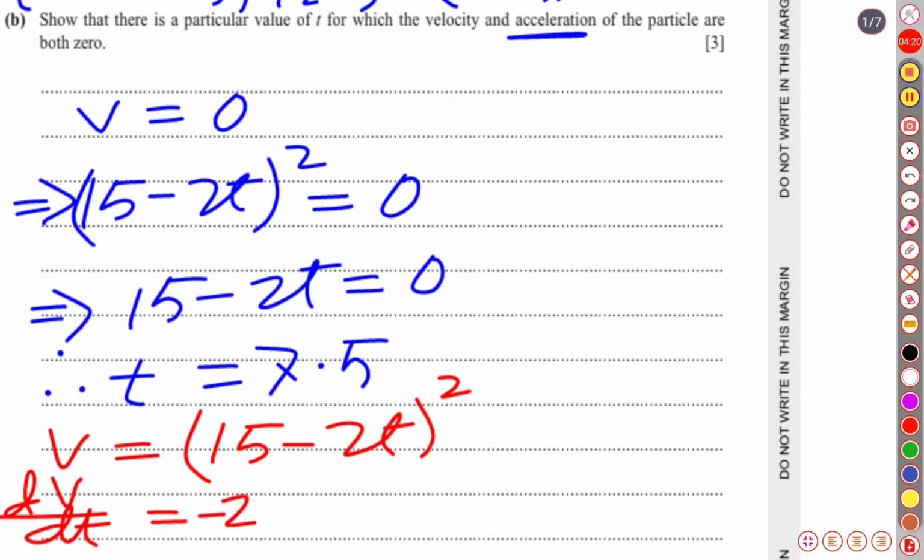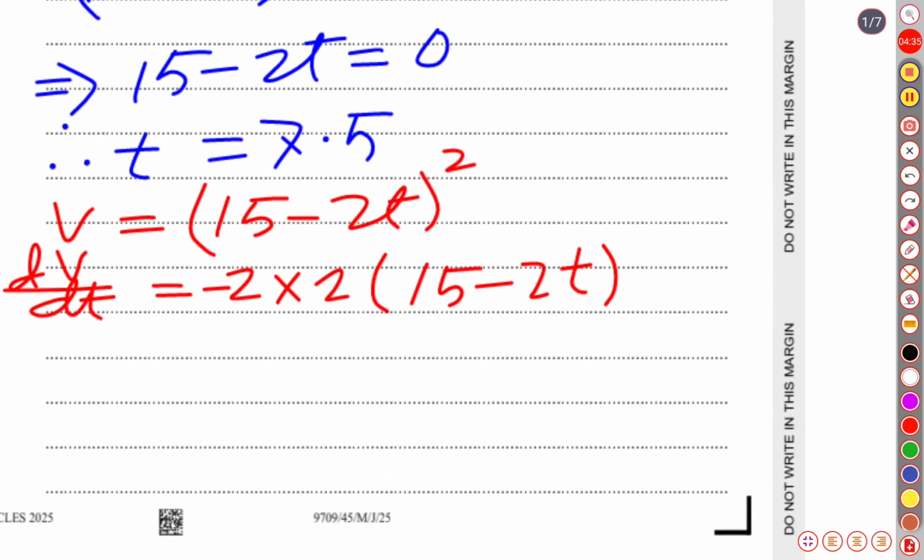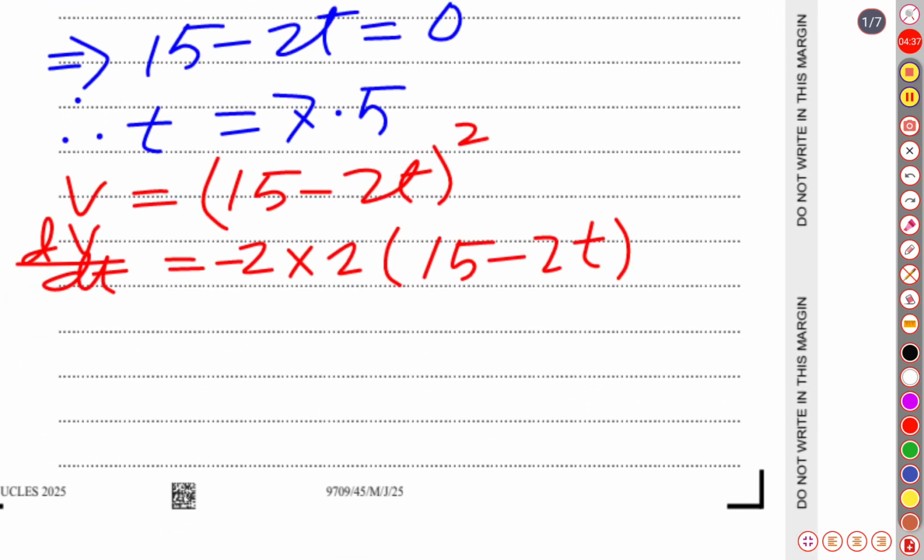So 2 times negative 2, then 15 minus 2t, the inner function stays the same and the exponent becomes 1 instead of 2. Now dv over dt, the derivative of v with respect to t, is acceleration.